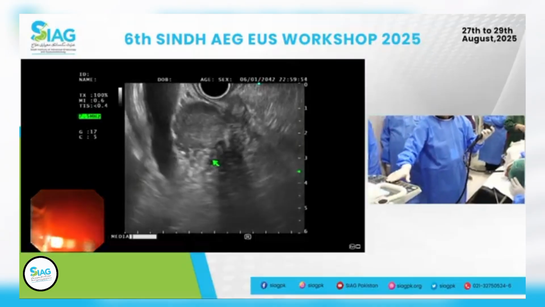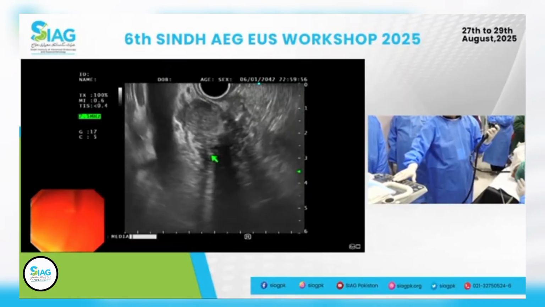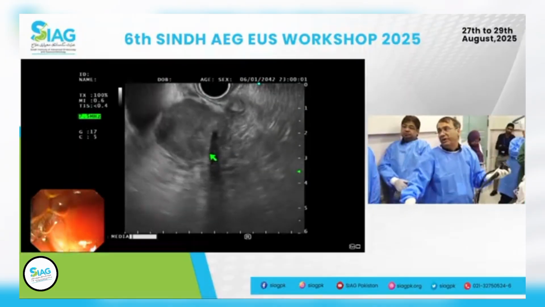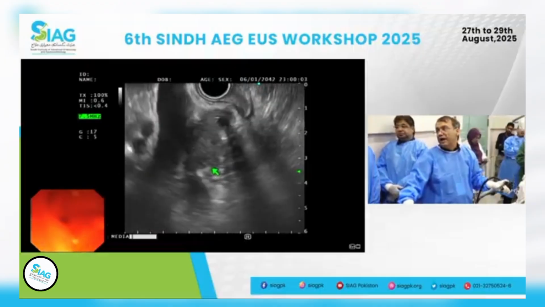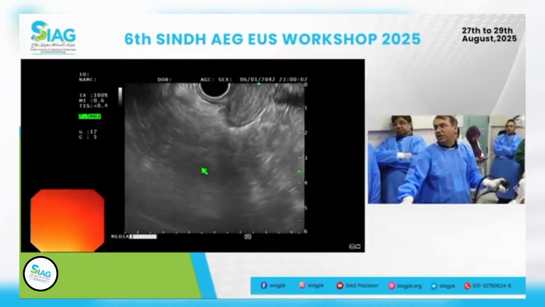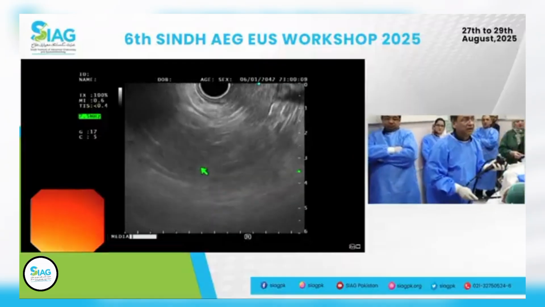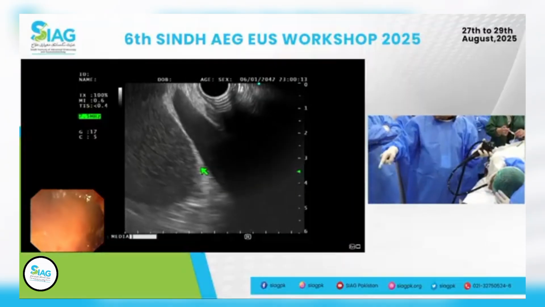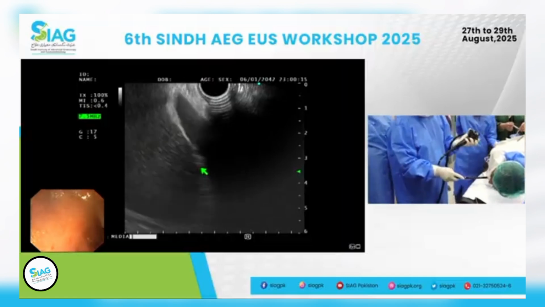And look at that. Scope is stable in one position. You don't have to even use the right hand, but just with the movement of the left hand, able to do everything there and follow the duct all the way to the neck of the pancreas. So now we'll make the Anders view bigger.